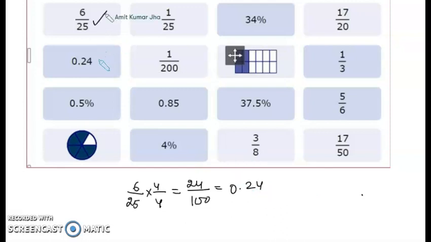So this and this, I can write here 1 and 1. These two are matching.